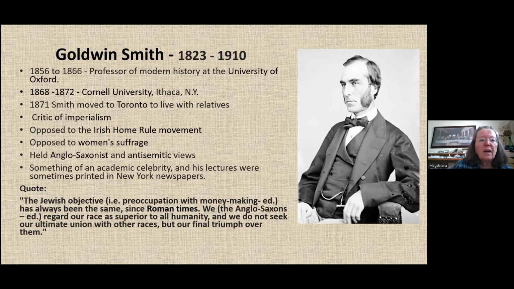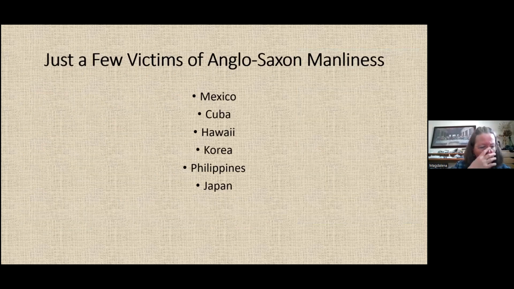So, okay, here are just a few victims of the Anglo-Saxon manliness craze. Mexico, Cuba, Hawaii, Korea, Philippines, Japan. In the second part of my lecture, I will go through Cuba, Hawaii, and the Philippines to tell how this happened.